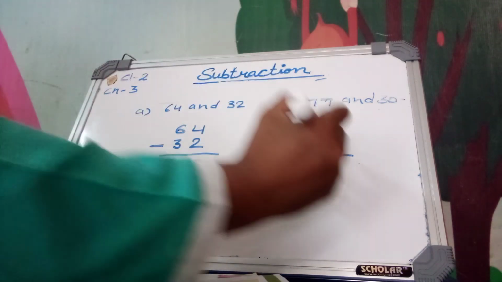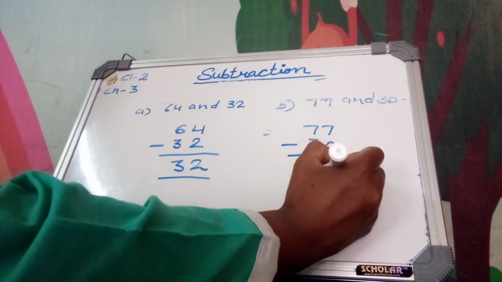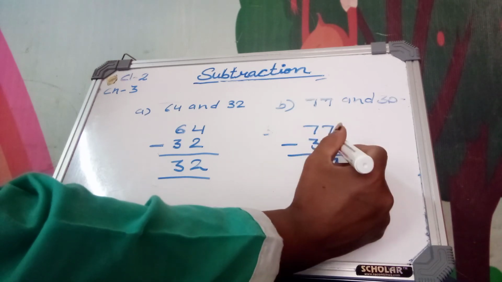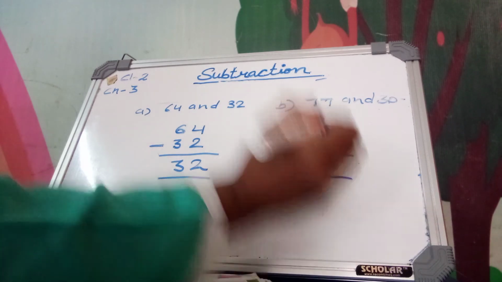Okay, nothing will be subtracted. 7, we have to write the same 7 here. 7 minus 3, 4, 47. Okay, this is our answer.